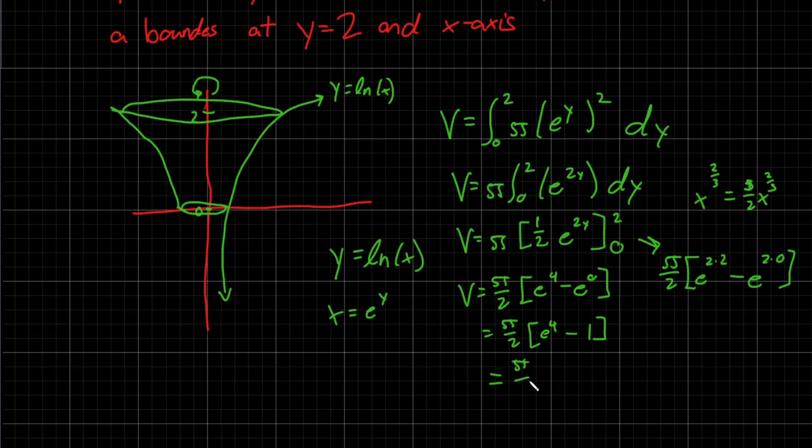And what is e to the 4th roughly? 54. Give me like 2 decimals. 0.6? Right, 0.6. Minus 1. The standard for rounding, just a heads up, is 3 decimals if it's not stated.